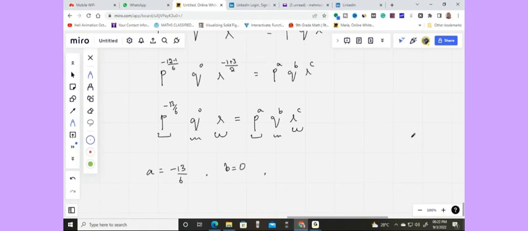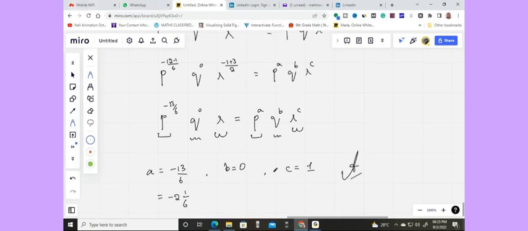And c is 1. You can write this minus 13 by 6 in the form of a mixed fraction as well. That's something optional. You can write it like this too. If you keep it as it is, that's also okay. So this is how you find the values of a, b, c.